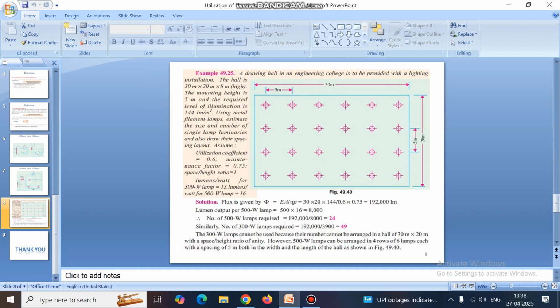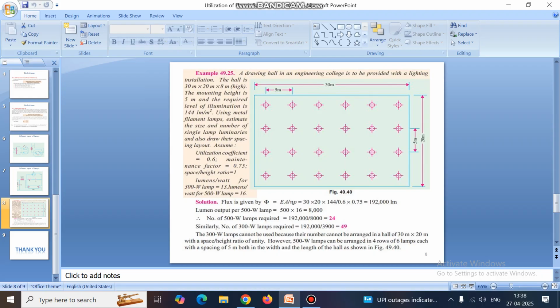Now come to the breadth. Breadth is 20 meter, space is 5 meter, that is the distance between two lamps is 5 meter. So 20 divided by 5 is equal to 4. If you multiply 6 into 4, that is 24. So 24 lamps required.